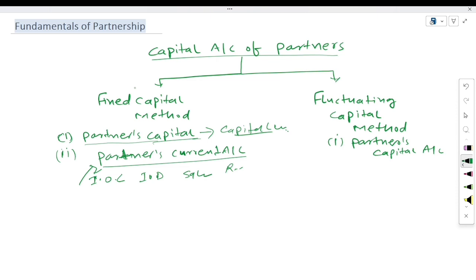It means under the partners' capital account we will write down the capital of the partner as it is, and the opening capital and closing capital of the partner will be the same.